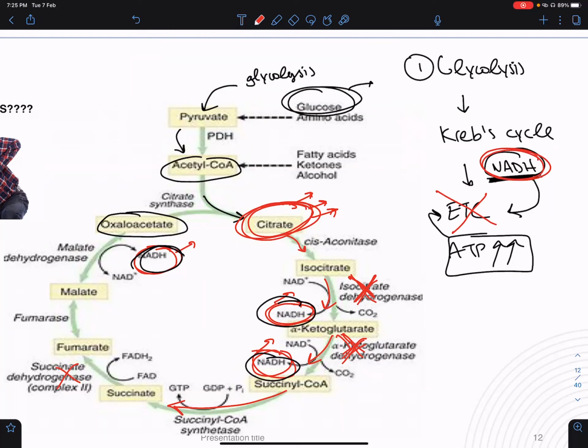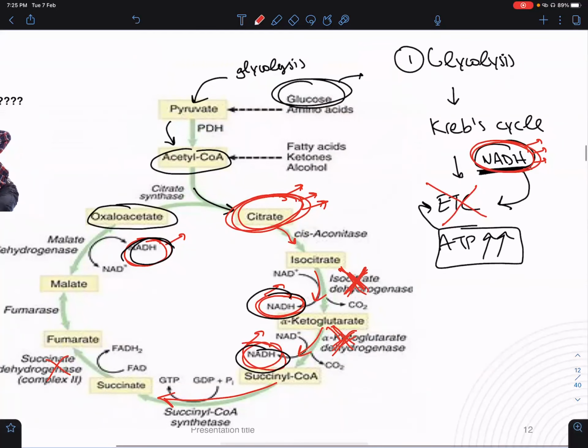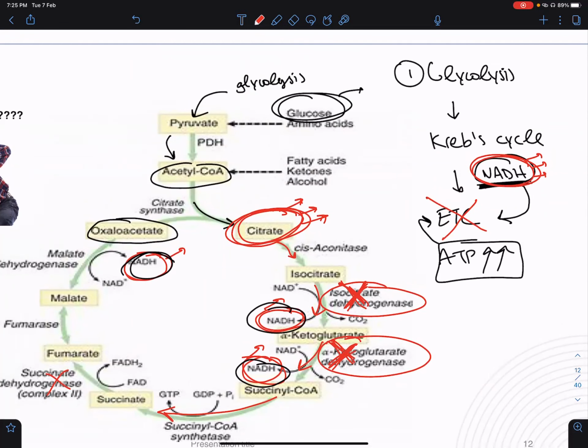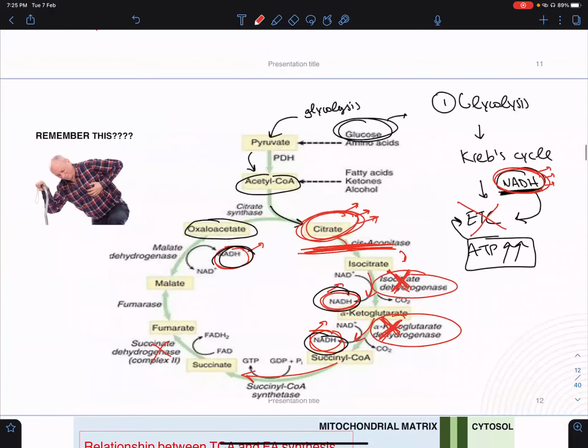The accumulation of this NADH is going to inhibit Krebs cycle enzymes, which are these. Okay, I got it now. So this means that the cycle ends here, it can't really continue. Yes, I got it. So the citrate is going to start accumulating. So accumulation of citrate is what drives the start of fatty acid synthesis.